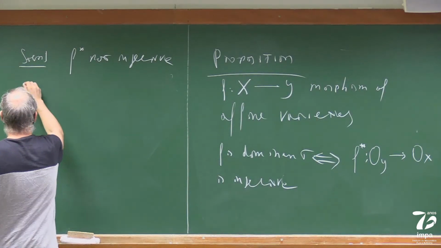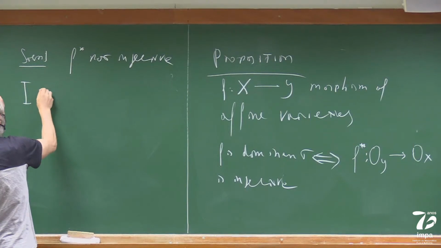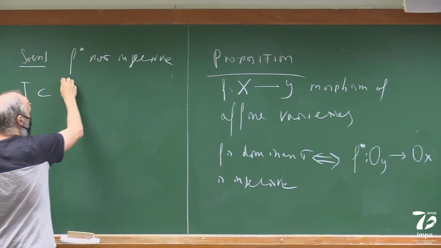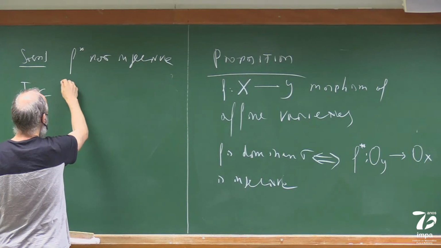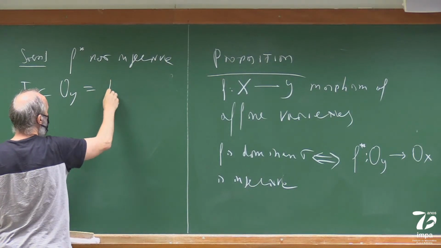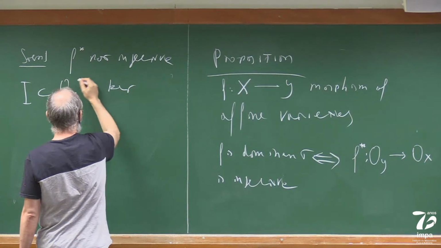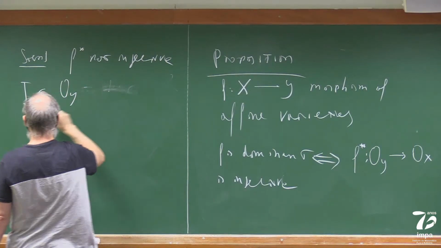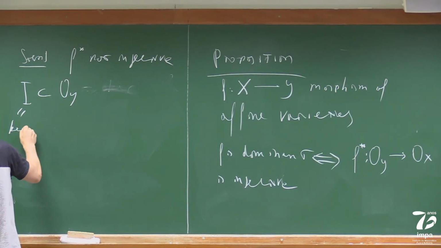So you have I, an ideal in O_Y. It's the kernel of f star.